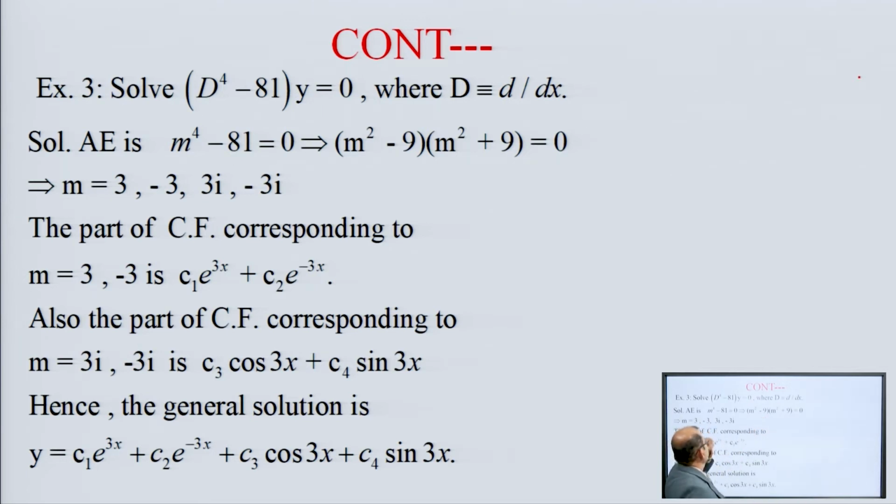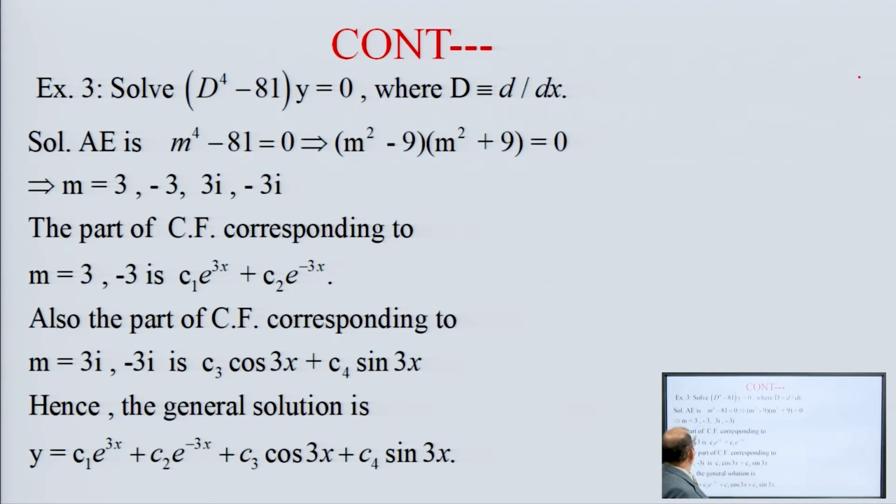The auxiliary equation is m raised power 4 minus 81 is equal to 0, meaning m square minus 9 into m square plus 9 is equal to 0, so m is equal to 3, minus 3, and 3i and minus 3i, meaning 2 roots are real and 2 roots are imaginary.